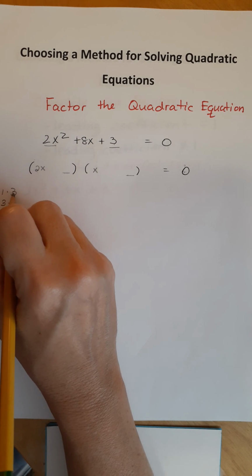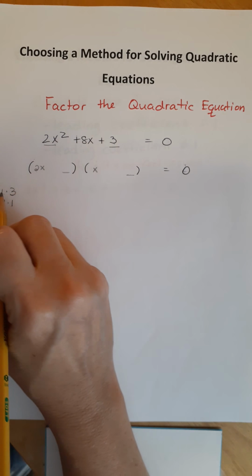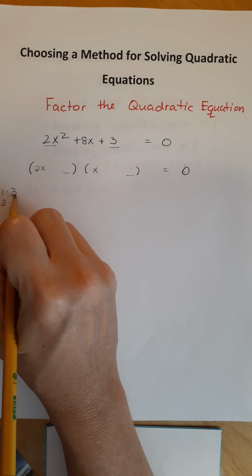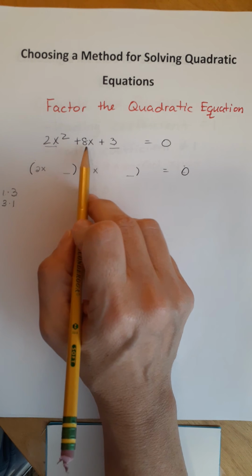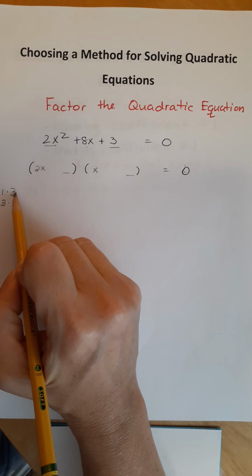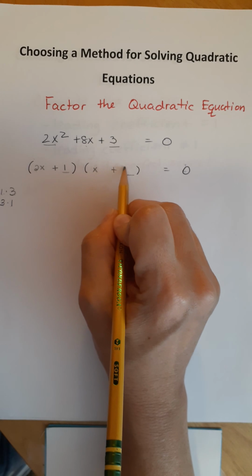Now they could both be positive, and because this is positive 3, they could also both be negative, because negative 1 times negative 3 is going to give me positive 3. So the way we figure out which way it goes is, remember, look at your middle term. If that's positive, these two must be positive. So I'm going to write plus 1, plus 3.